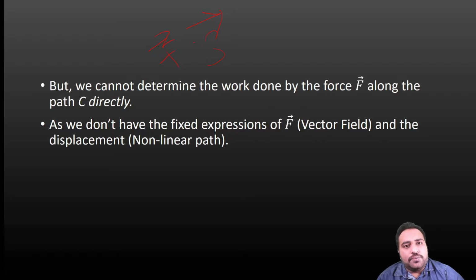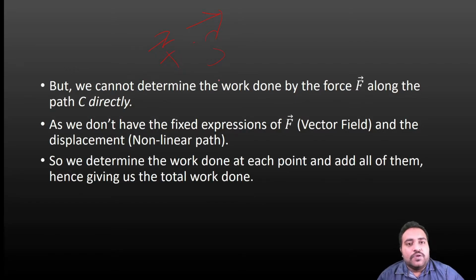So what shall I do? What I do is determine F bar dot S bar at each and every point and then add all of them to get the total work done. That would be possible and easy. Let me show you how.